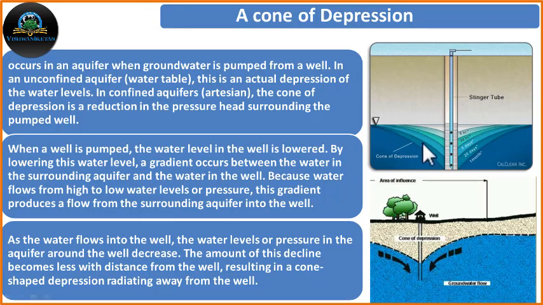In an unconfined aquifer, when groundwater is pumped from a well, a depression may be created in the immediate vicinity of the well. This depression will be created when there is continuous withdrawal of water without any recharge.